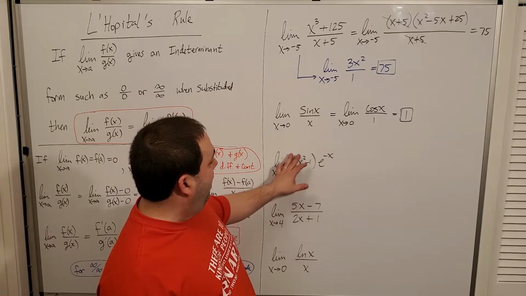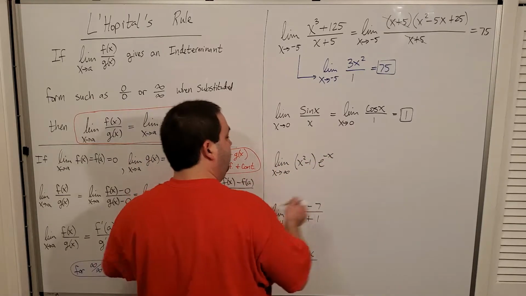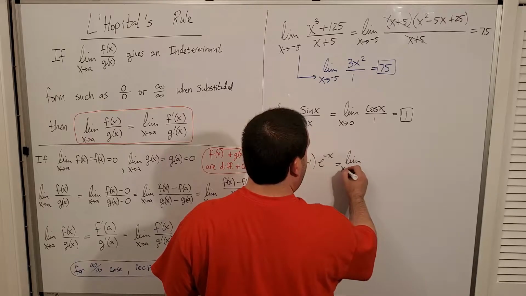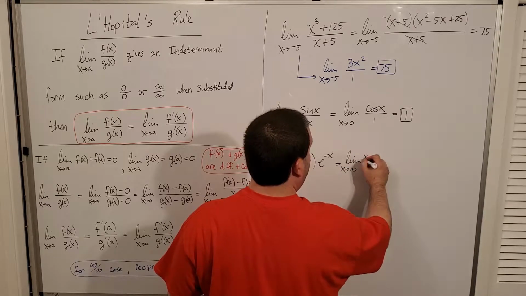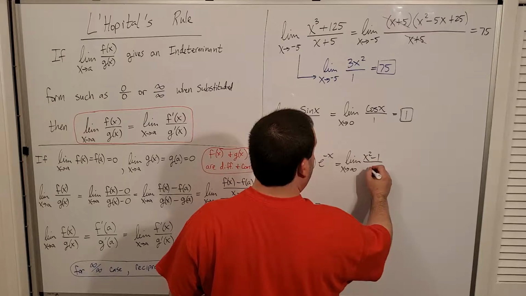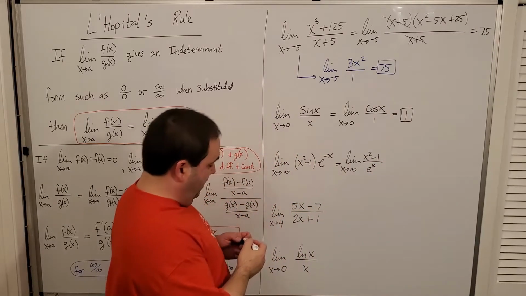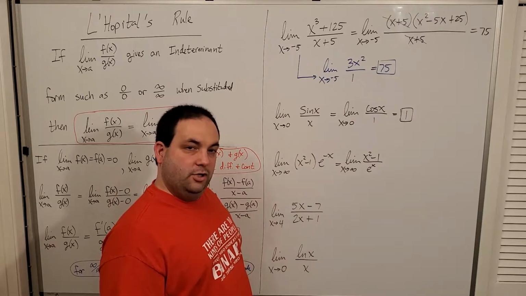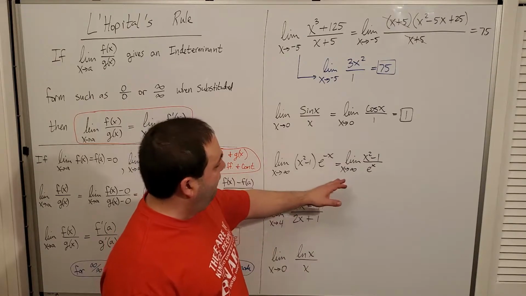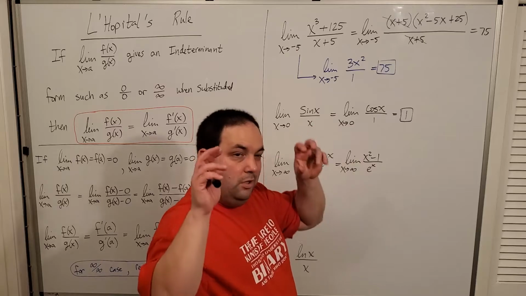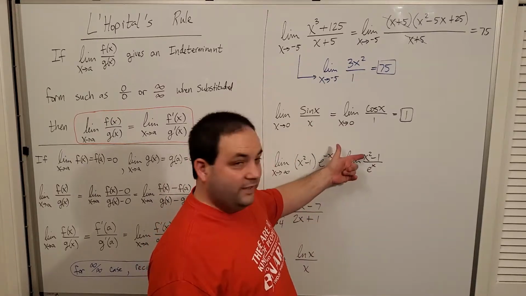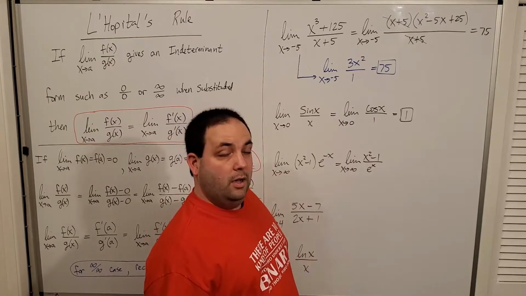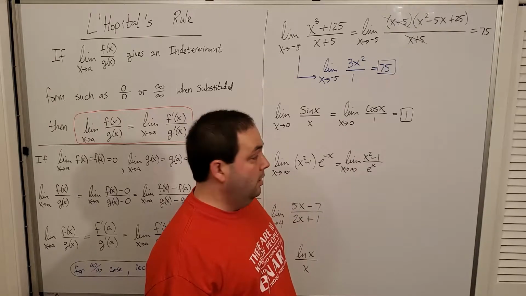Notice, if I were to rewrite this limit like this, the limit as x goes to infinity of x squared minus 1 over e to the x. Because I'm using the negative exponent here to relocate the exponential in the denominator. And if I let x go to infinity, I'll get an infinity over infinity type of indeterminate form.